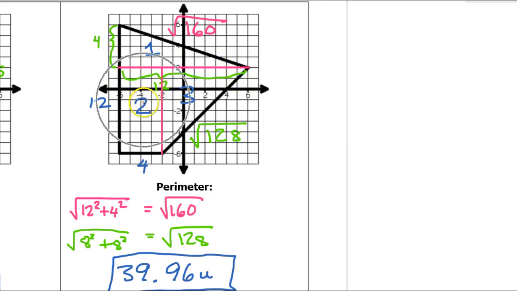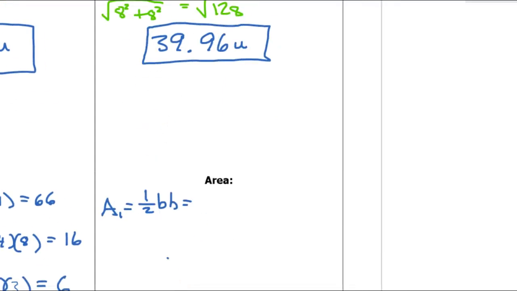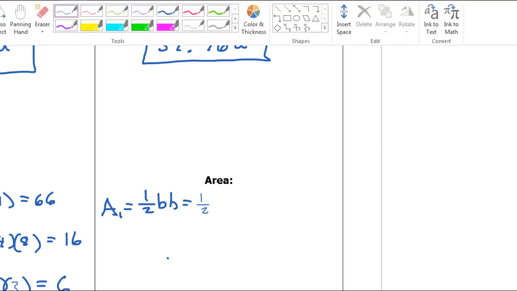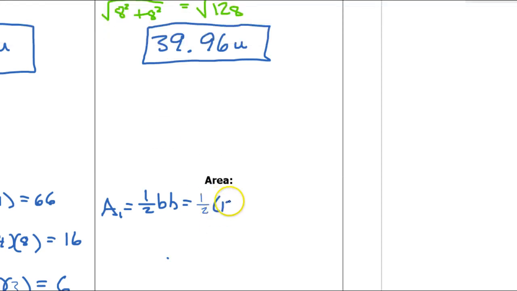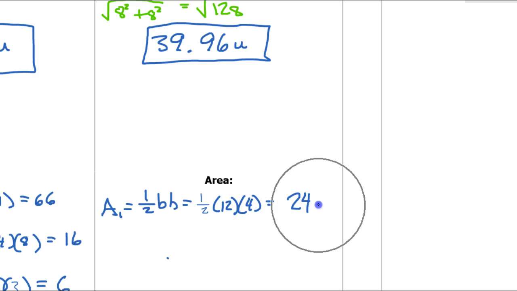So 1/2 times 12 times 4. Half of 12 is 6. 6 times 4 is 24. So that'll be 24 square units.